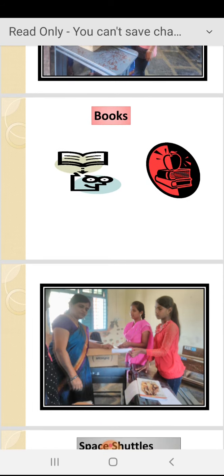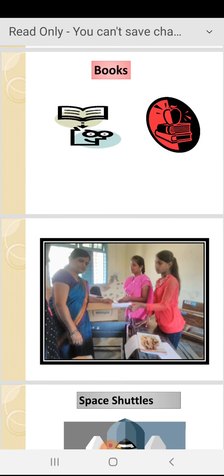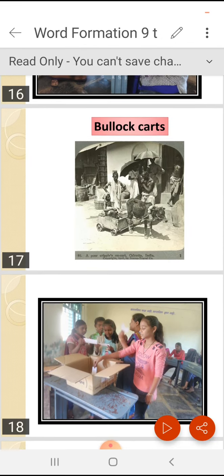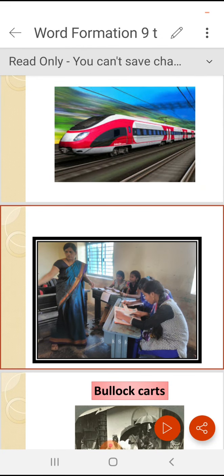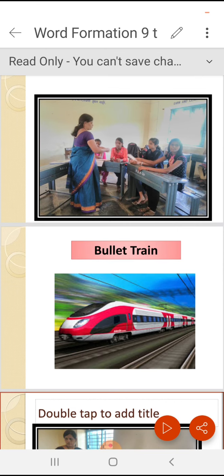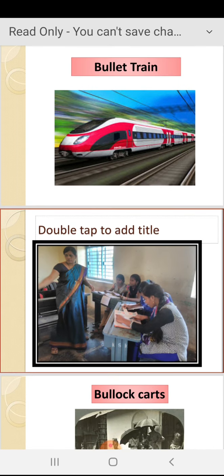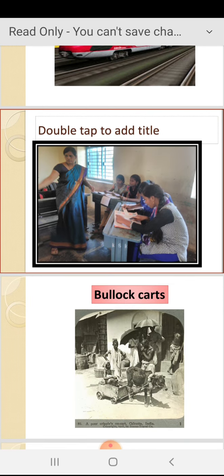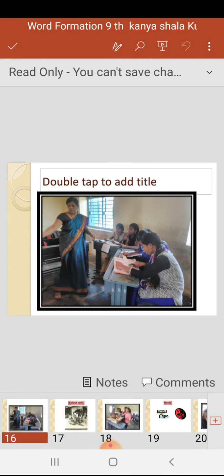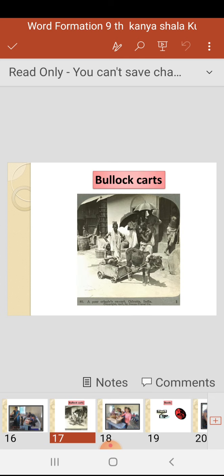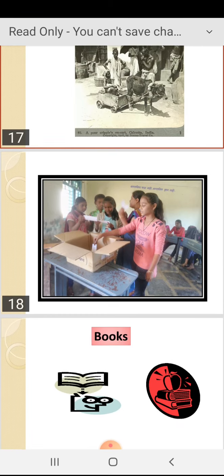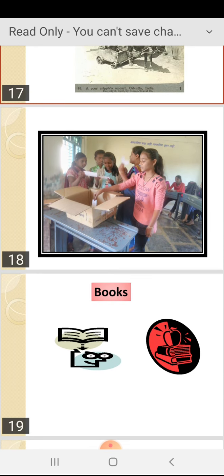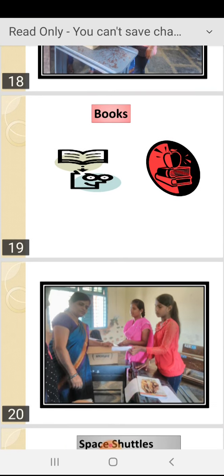Yes, ancient, modern and futuristic. See here, students have, I have stuck sticky notes. They were preparing this. They were divided into ancient and futuristic and modern activities, and then they have put this into the box.